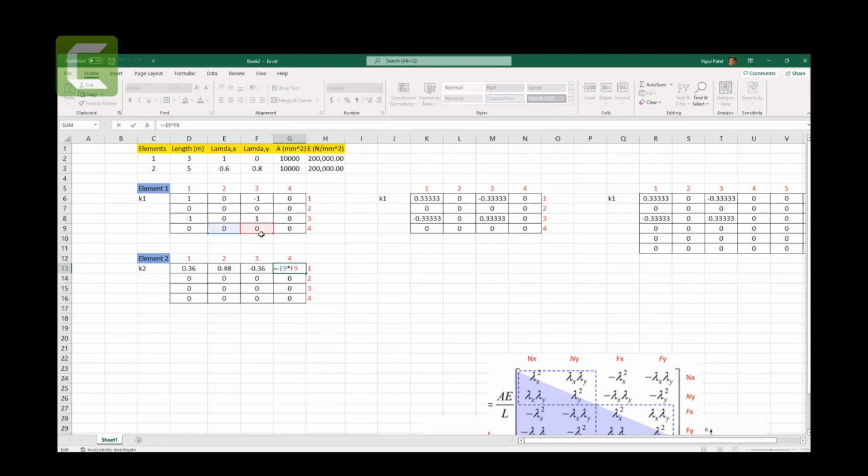0.6 here and here and here and here and here and here and here and here.